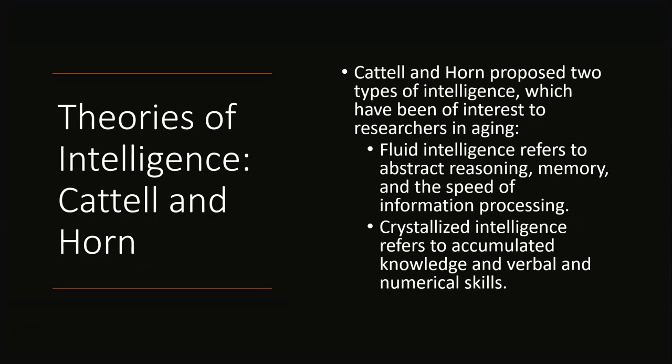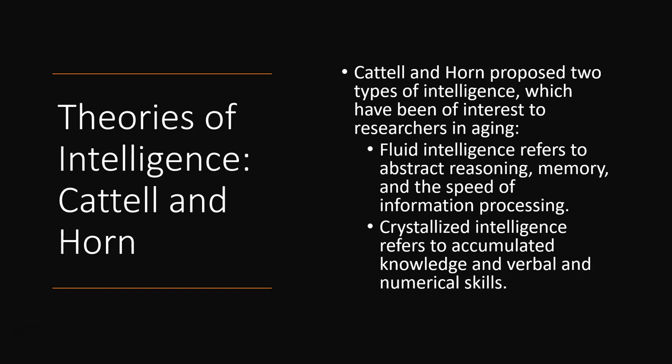Cattell and Horn looked at this in a little bit different way. As opposed to content that was being tested, they were more focused on process. So Cattell and Horn proposed two broad types of intelligence, especially as they were looking at aging. A lot of the early intelligence testing fell in two domains.